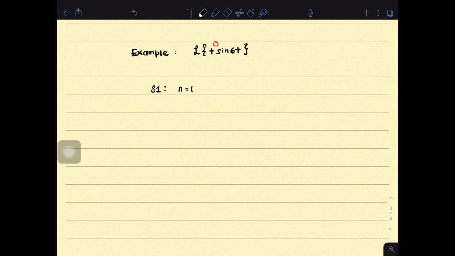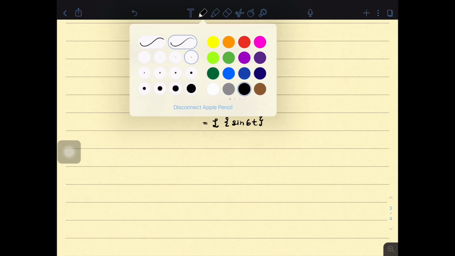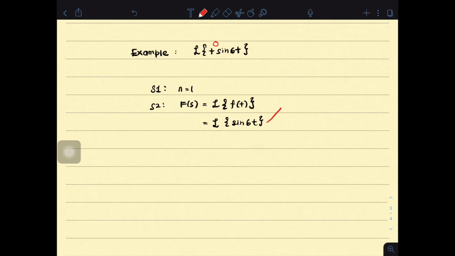In step number 2, you need to find what is your F(s), where F(s) is the Laplace transformation of the function f(t). Our function f(t) is sin 6t, therefore we will find the Laplace transformation of sin 6t. To do that, we use the formula a over s squared plus a squared.